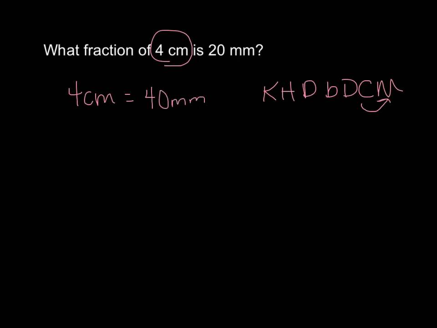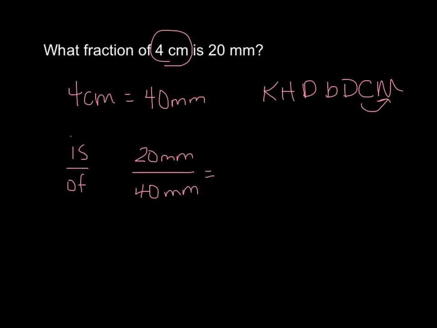Now the second part of this question is what fraction of the 4 centimeters, which is now 40 millimeters, is 20 millimeters. And in these kind of problems, you want to remember is always goes over of. So is was 20 millimeters. Of was 40 millimeters.